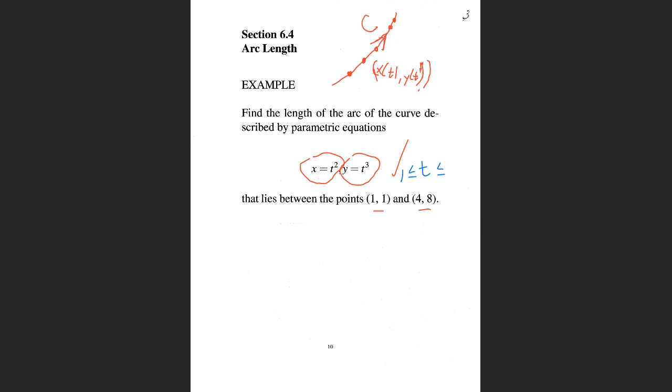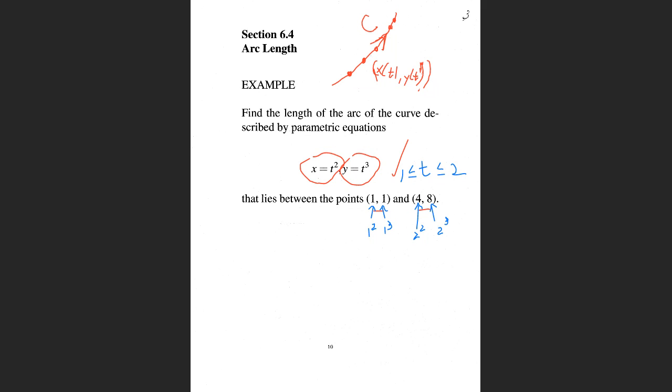It's exactly right, Ange, because if t is 1, 1 squared is 1, and 1 cubed is 1. And when t is 2, 2 squared is 4, and 2 cubed is 8.